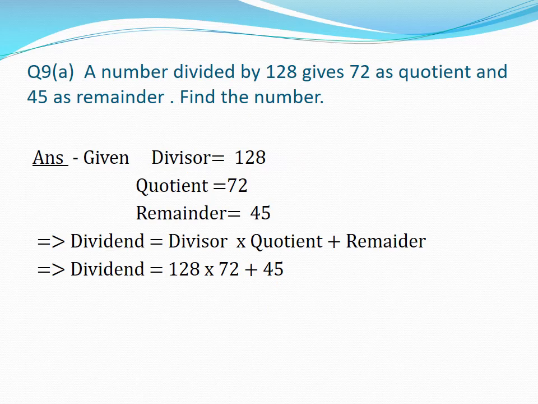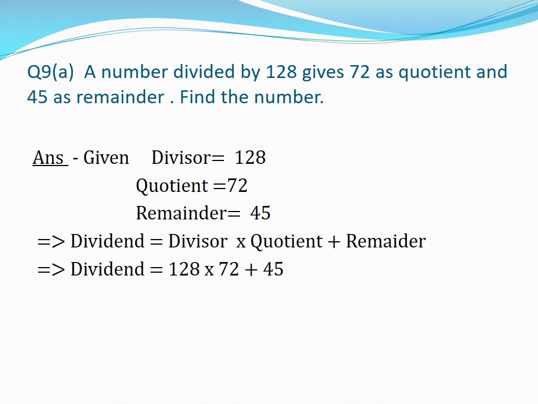Question number 9, A part. A number divided by 128 gives 72 as quotient and 45 as remainder. Find the number. A number divided by 128, that means the divisor is 128, gives 72 as quotient.